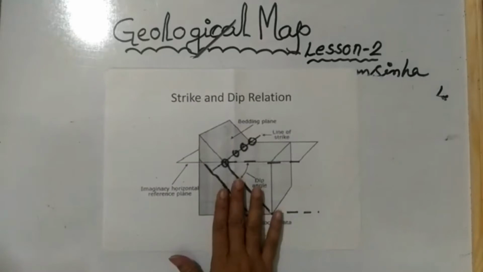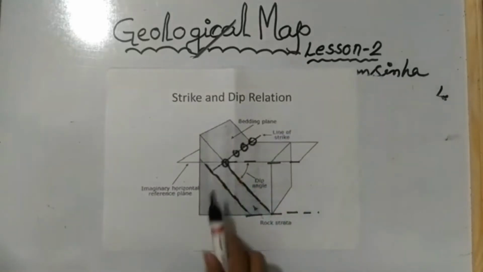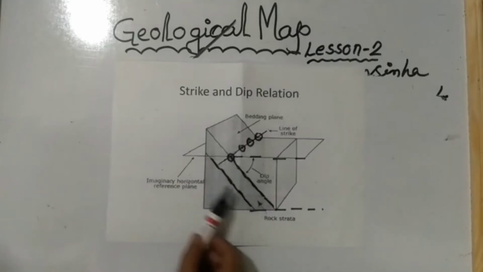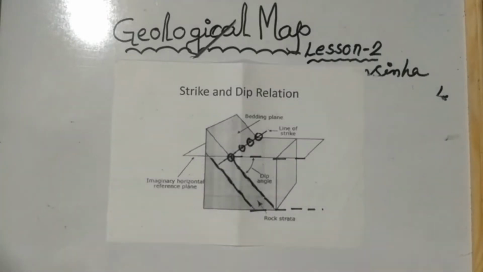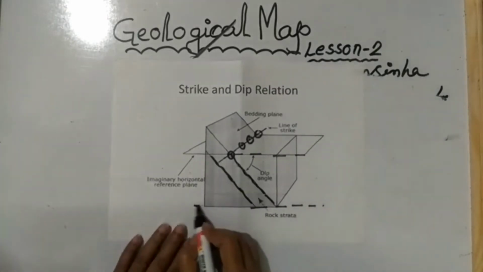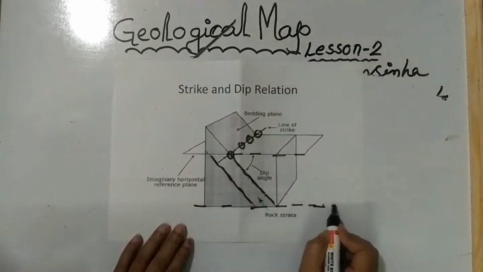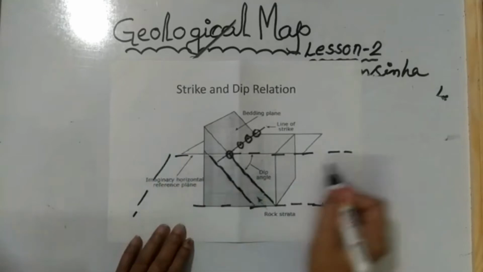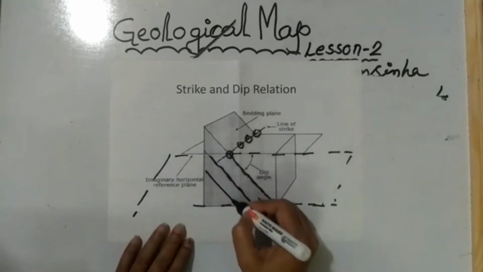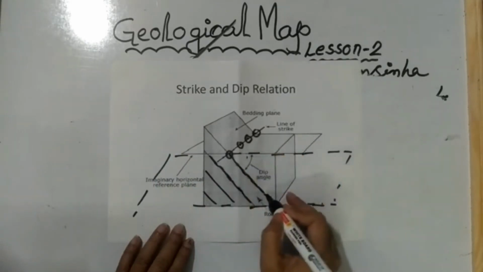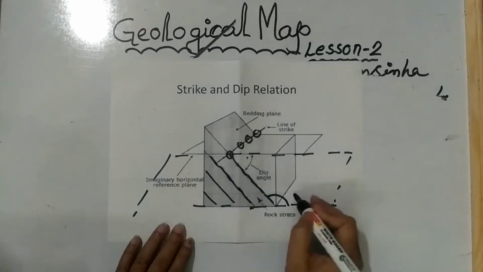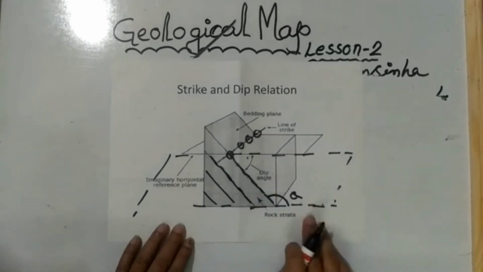From this picture, this is the horizon, and these are the bedding planes. Suppose this zone is the horizontal plane. Those are the beds. Beds are inclined at that angle. That angle is theta, the dip. What is the strike?